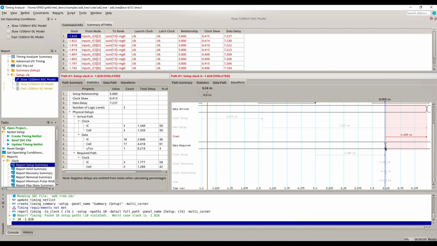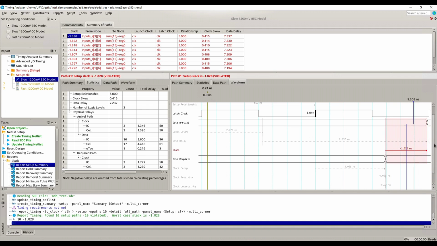So this is just a graphical illustration of the equations I showed in the corresponding slides that we just looked at. So basically, this right here is the amount that we care about. That is the slack, the negative slack that we have to optimize away so that our data arrival time shows up on the left-hand side of the data required time.